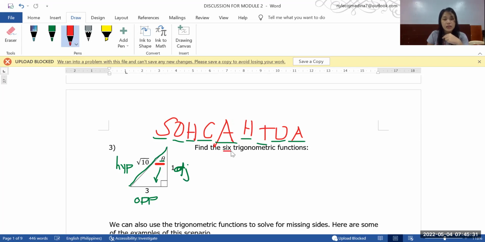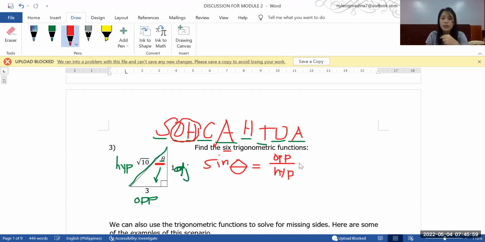Now, there are six functions, which means we need to find also the reciprocals. But let's first do SOHCAHTOA. Starting first with your sine theta. Given that our sine is opposite over hypotenuse, what we will write here is opposite over hypotenuse.